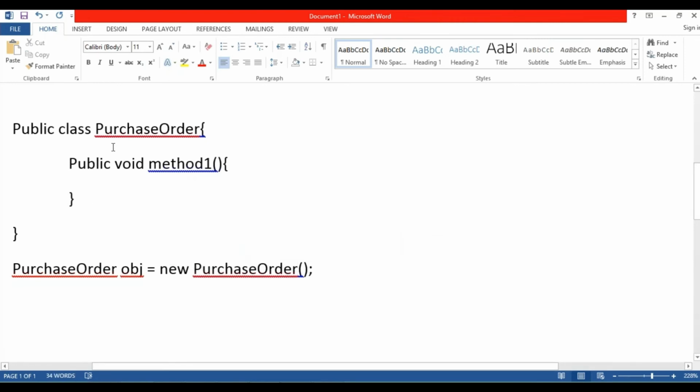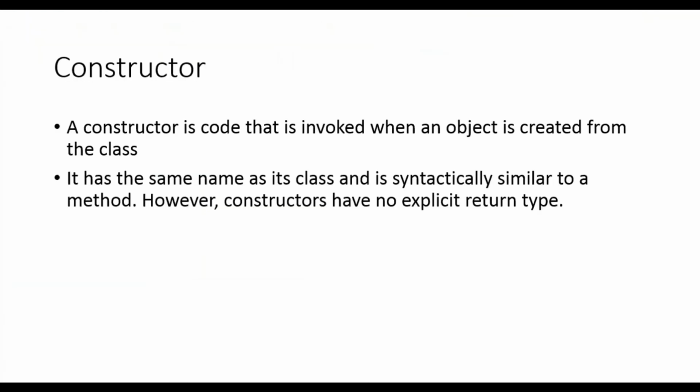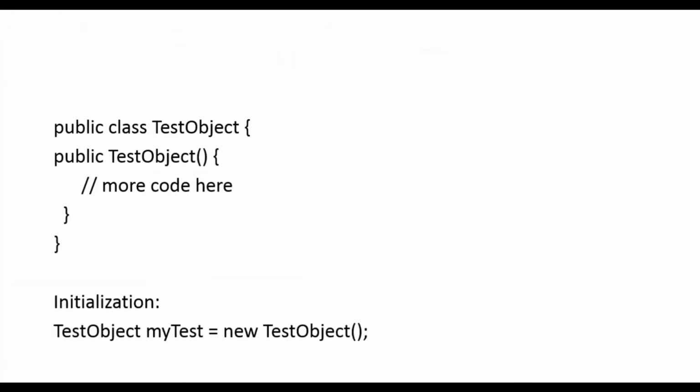So here I have taken public class TestObject. TestObject is the class name. Then public TestObject has the same name as the class name. When you are not providing any return type like void, it will be taken as a constructor. It has the same name as the class name and it doesn't have any return type.